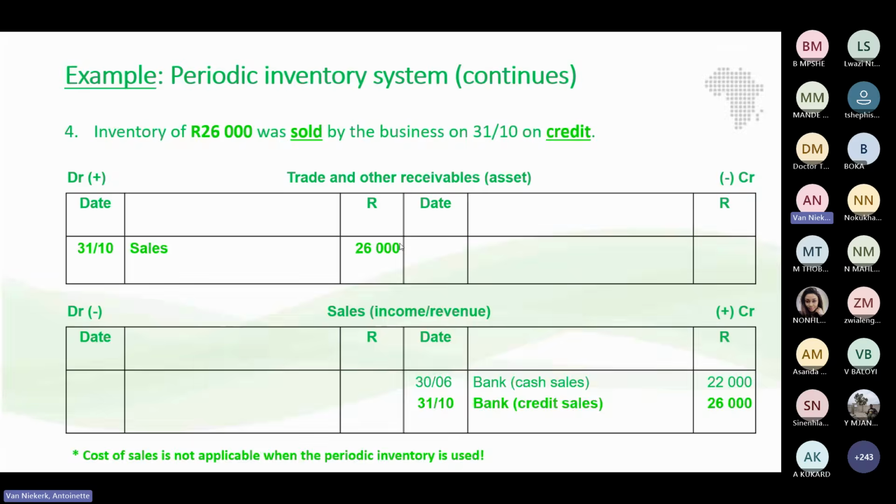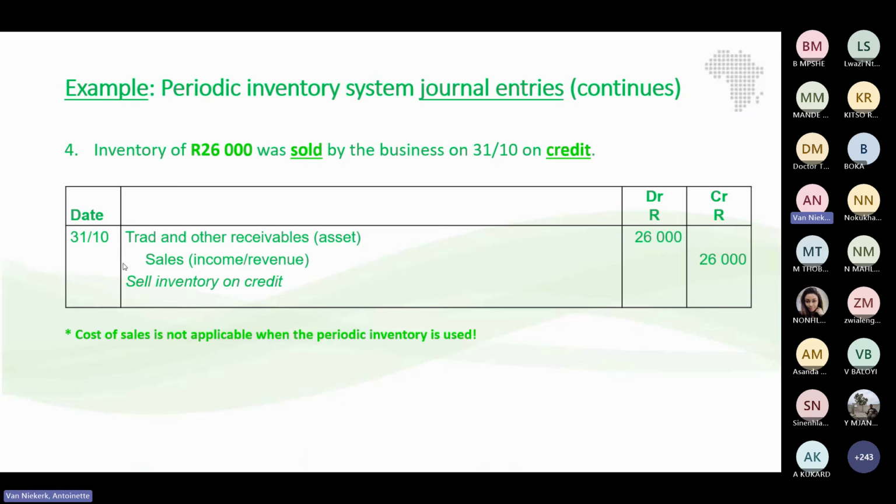The sales account was credited. So we'll put an indent so that it will distinguish between which account was debited and which one was credited, which is an income or revenue, will be credited.